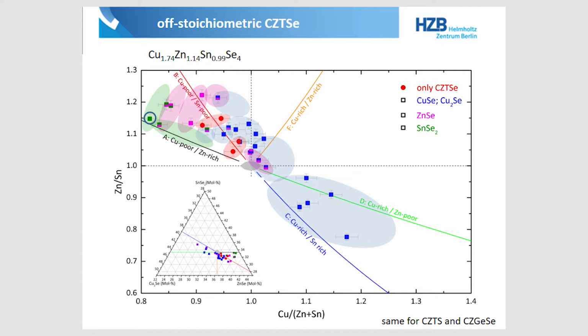The colors mark the secondary phases which are formed. We also get some off-stoichiometric single-phase Kesterites, which are shown in red here. Each point you see here is one sample, and each sample contains only one Kesterite phase, as for instance the sample shown here, which contains this off-stoichiometric Kesterite and tin selenide, because it's green here.